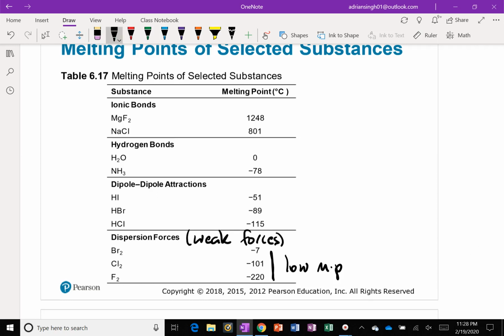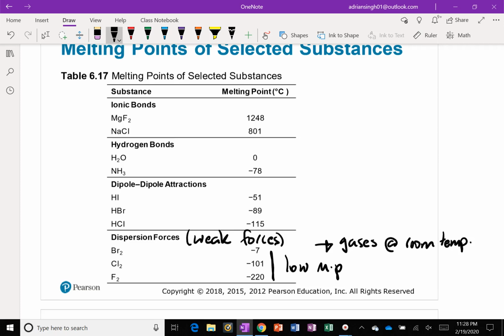So actually, bromine, chlorine, and fluorine, these actually are gases at room temp. Right, the regular temperature of the room is high enough to separate these molecules from each other and turn them into the gas phase.